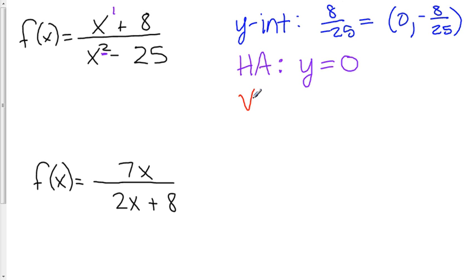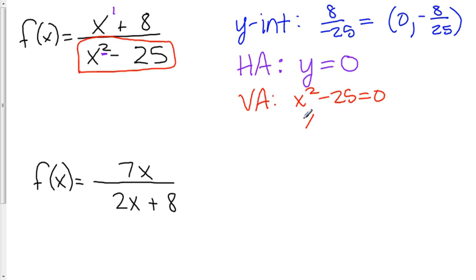Vertical asymptote, we have to take just the denominator, set it equal to 0, and solve it. And you can either factor it or move it over and take the square root. Either way, you know then that x would equal 5 and negative 5. So therefore, we have two vertical asymptotes, one at 5, one at negative 5.